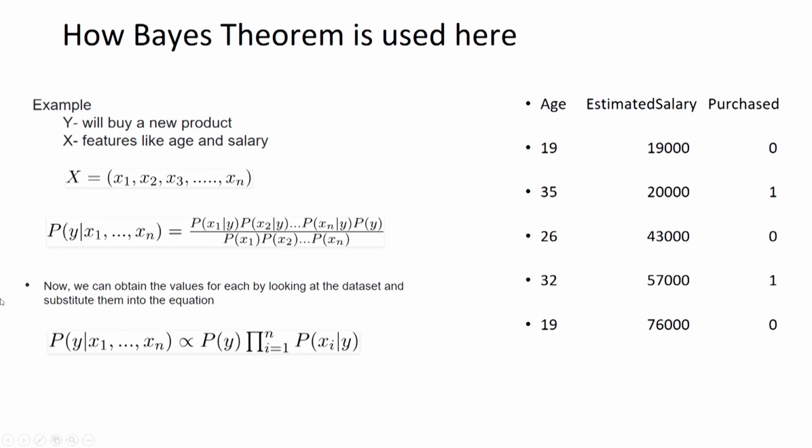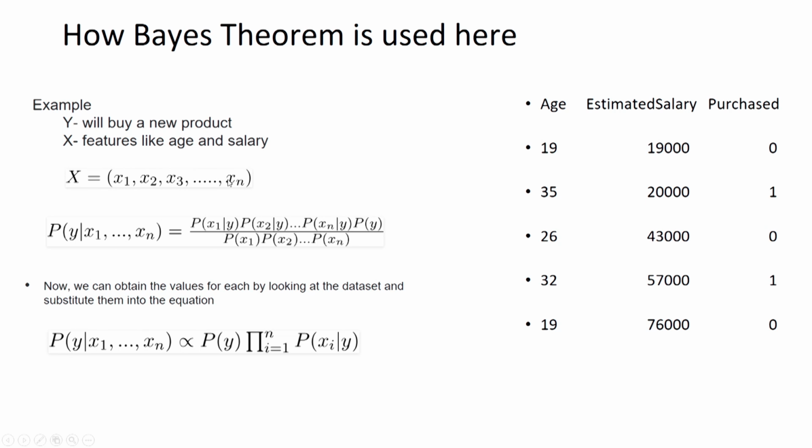So, how can we do it using Bayes theorem, or how does the naive Bayes classifier work? Suppose x is the instance for which we want to predict its class. So, whether it will belong to class 0 or class 1, meaning whether this person, a new person, will not buy the product or will buy the product.